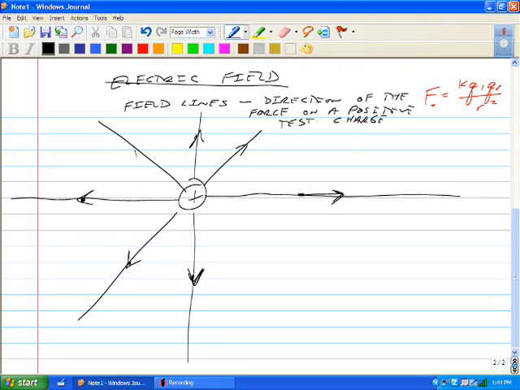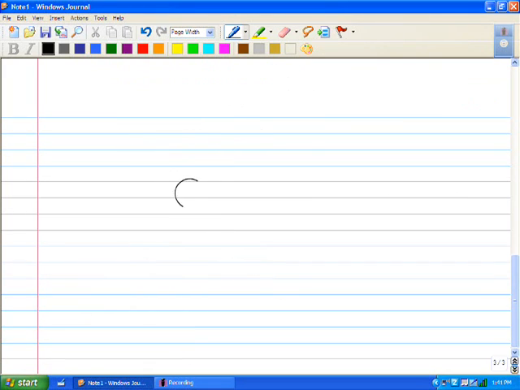So as you can see, electric field lines, because they show the direction of a positive charge, they always go away from positive charges. They always do? Yes, ma'am. And I can demonstrate that also, or the opposite of that, by doing a field map for a negative charge.